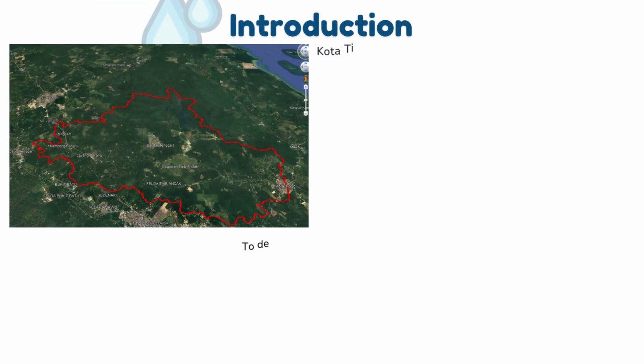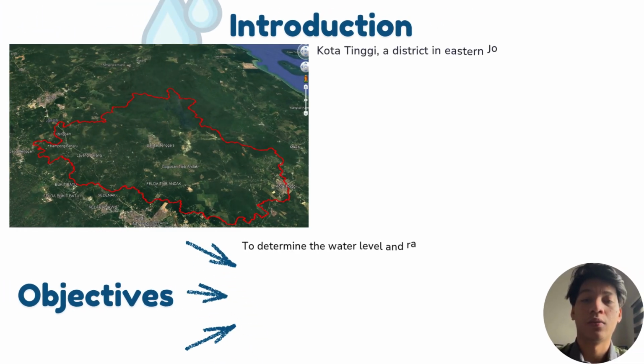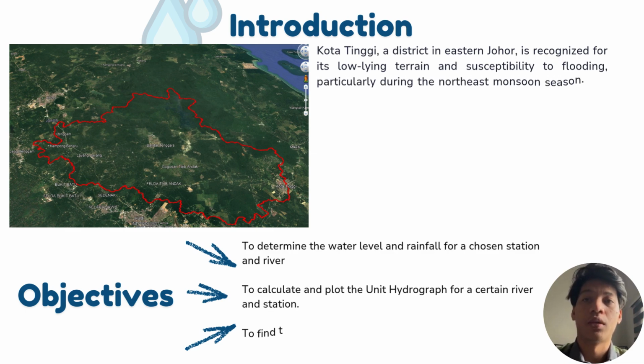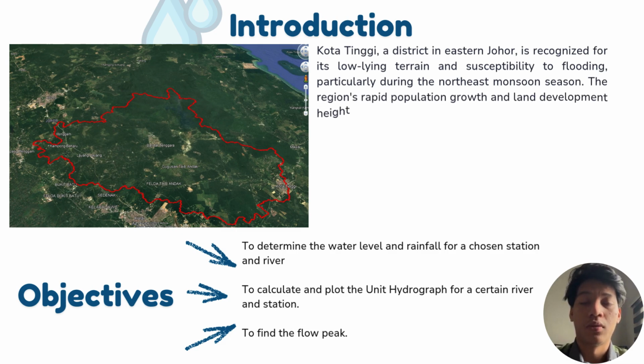For the study area, the location we selected was Kota Tinggi. Kota Tinggi is located in eastern Johor and is known for its low-lying terrain. As a result, the area is highly vulnerable to flooding, particularly during the northeast monsoon season when rainfall is intense.